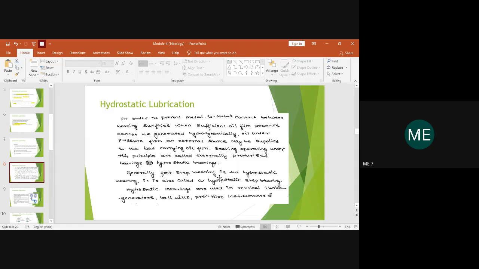If they ask you for the schematic arrangement of a hydrostatic step bearing, you need to draw the diagram and explain it properly. Later you have a derivation for load bearing capacity, for which you again have to draw the cross-section diagram and explain. If they ask you to write a brief note on hydrostatic lubrication and hydrostatic bearing, you should start with the lubrication regime and explain what hydrostatic lubrication exactly is, and how it overcomes the drawbacks of hydrodynamic lubrication.